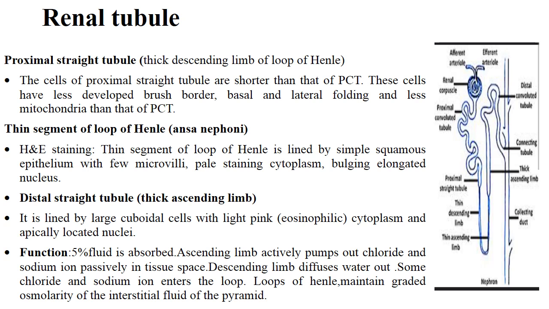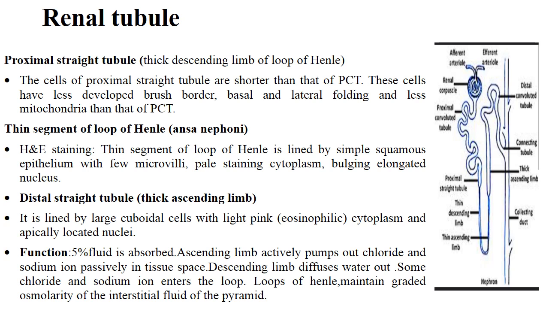So the communication is known as the thick descending limb of the loop of Henle or proximal straight tubule. The cells of the proximal straight tubule are shorter than the proximal convoluted tubule, and these cells have less developed brush borders, less developed basal lateral foldings, and less amount of mitochondria compared to the proximal convoluted tubule.